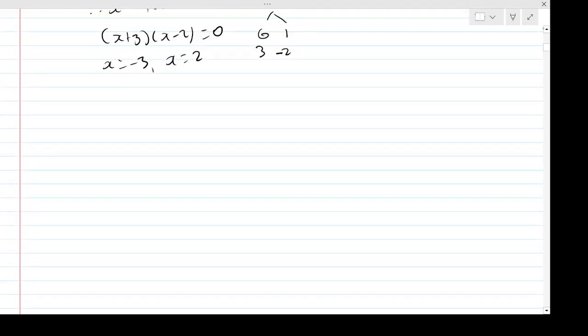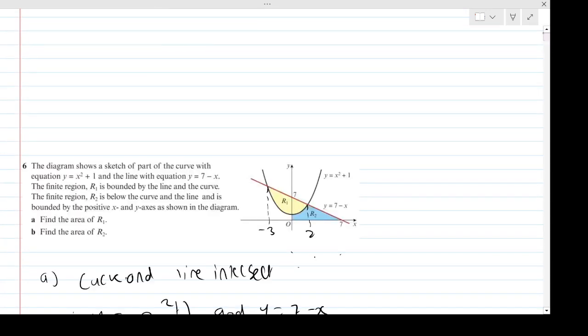So now we should be in a position to work out the area of region 1. Region 1, which is in yellow here, hopefully you notice has the curve on top. So it's going to be the area under the line, which is all here, and again we get a trapezium shape there.